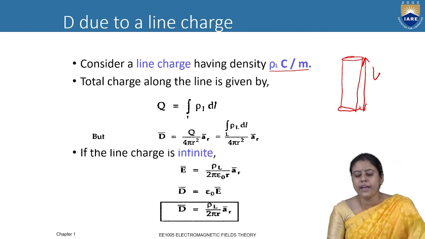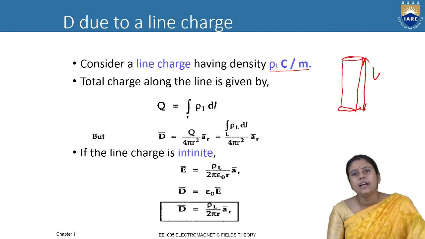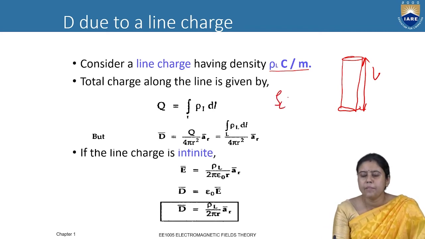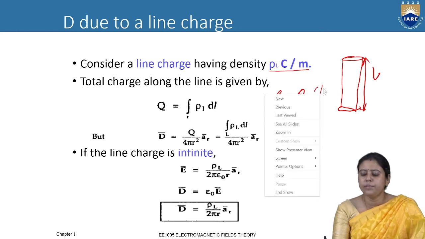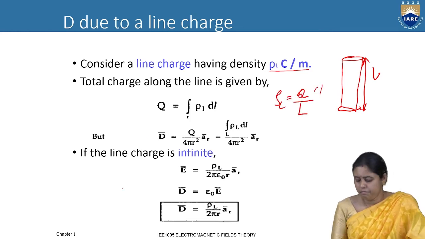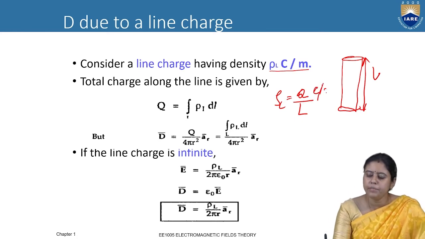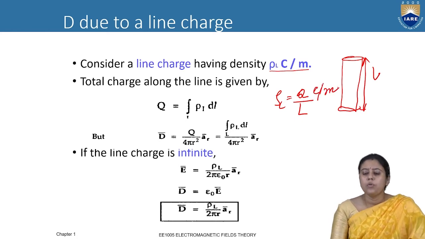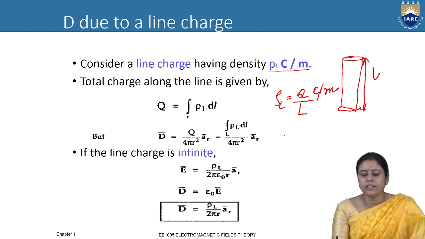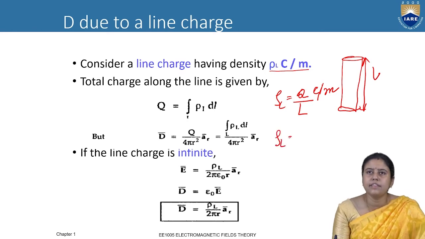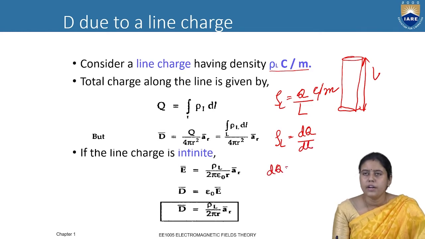But here, to revise, what is line charge density? It is the amount of charge per unit length, so the unit is coulomb per meter. Now, what is Q? For a small length, we can write rho L is equal to dQ by dl, so dQ is equal to rho L dl.